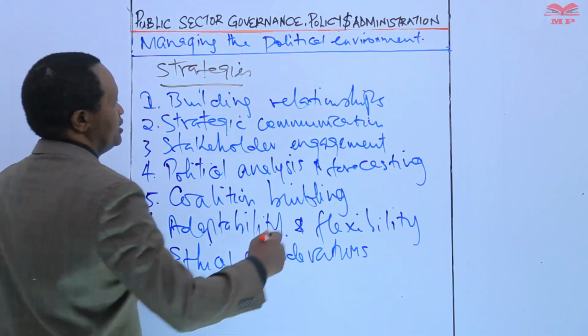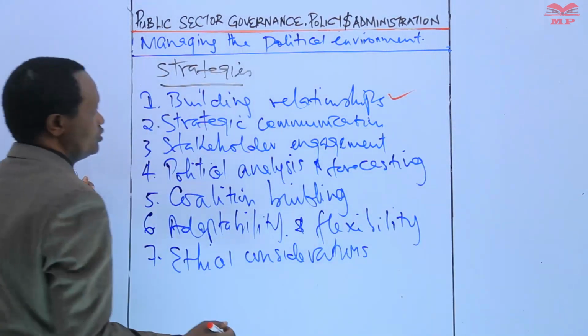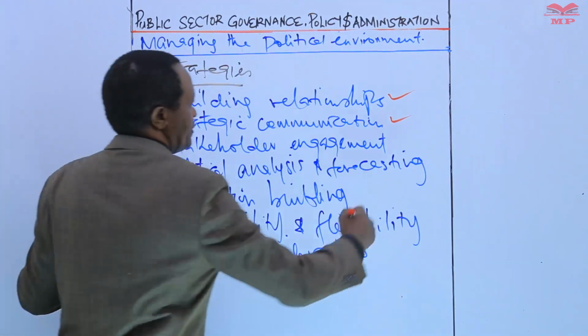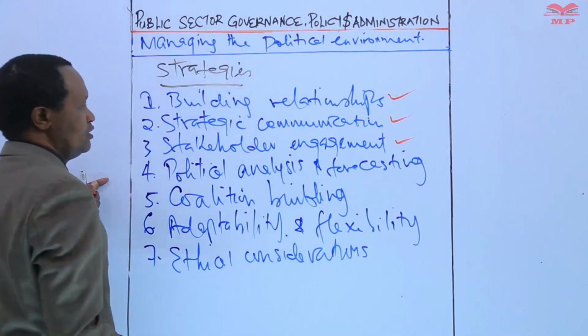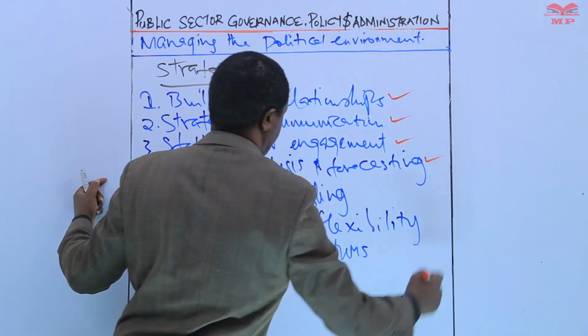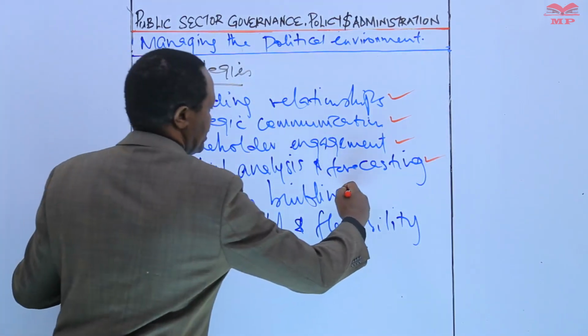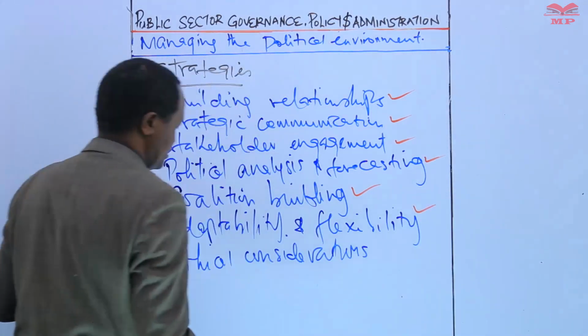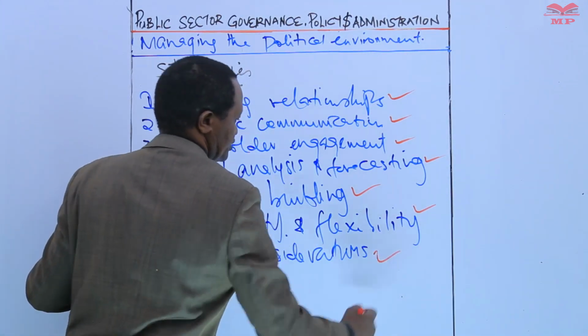One is building relationships. Number 2, strategic communication. Number 3, stakeholder engagement. 4, political analysis and forecasting. 5, coalition building. 6, adaptability and flexibility. Then lastly, ethical considerations.